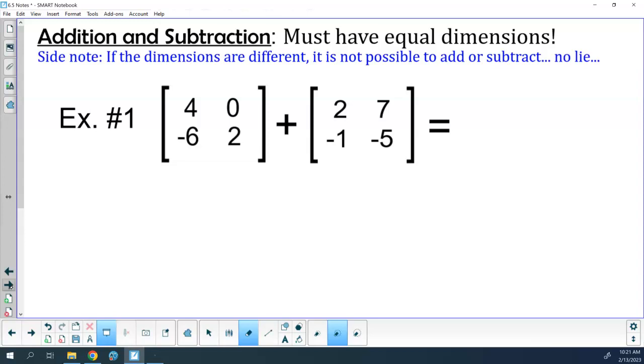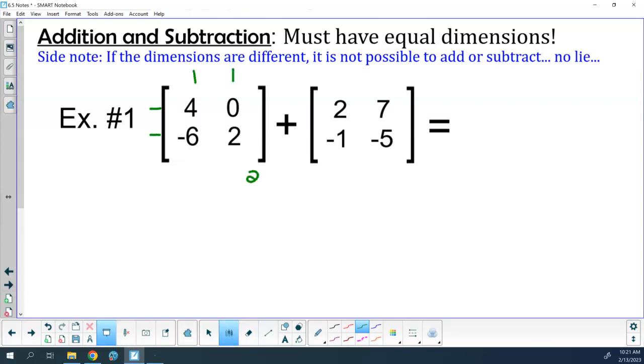So the majority of the time, when you get to a matrix problem, the first thing that I'm going to ask you to do is determine what the dimensions are. So this first one has 2 rows, here's 1 row, here's 2 rows, and it has 2 columns.